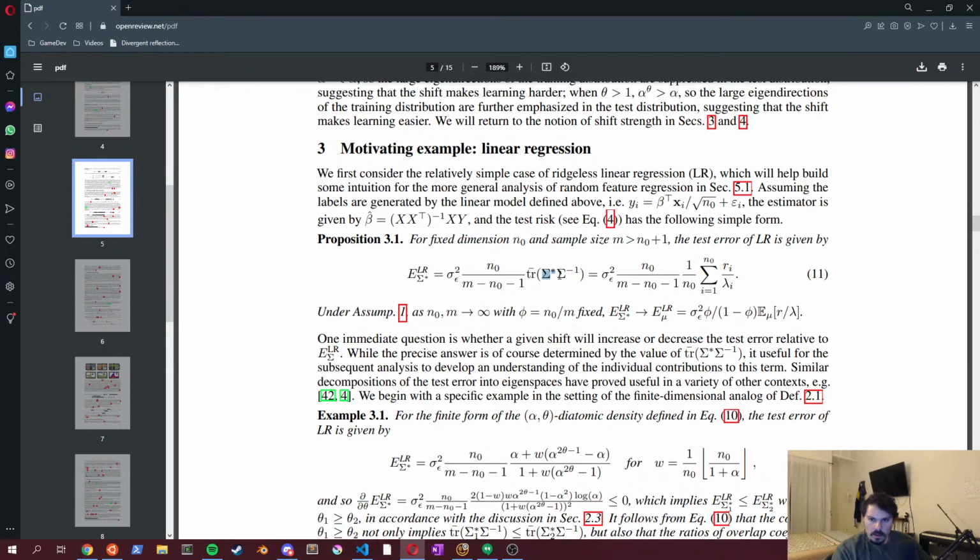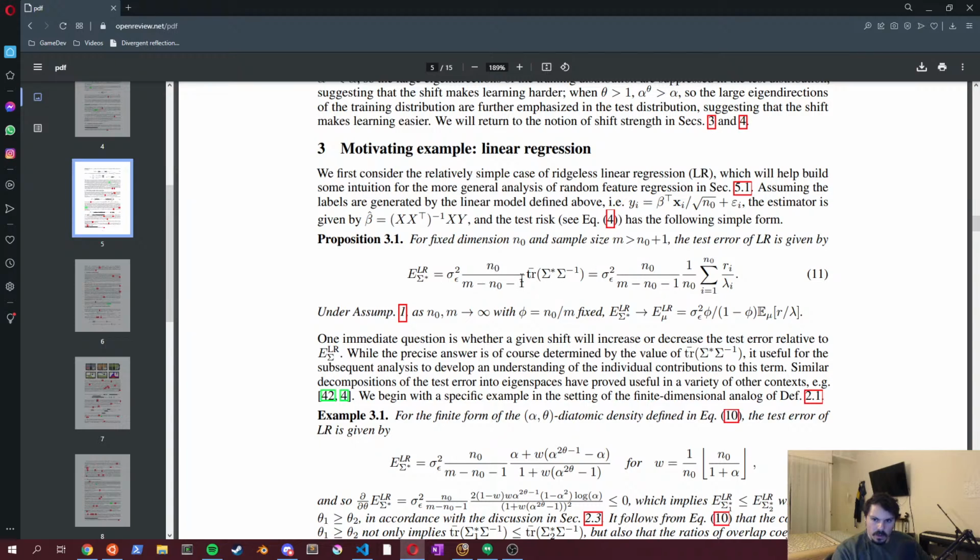So you have the test covariance matrix times the inverse of the training covariance matrix, times this factor, which is the input dimension over the number of samples minus the input dimension minus 1. And you have this factor sigma epsilon squared up front.